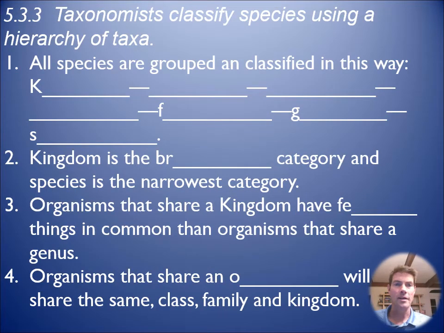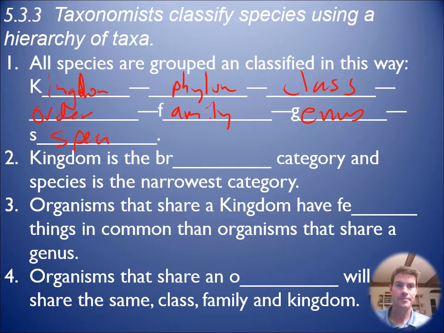So we have kingdom, phylum, class, order, family, genus, and then species. So you have to memorize that.